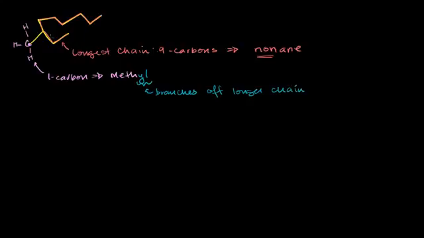So this molecule right here would be called, and actually there's one more thing that we have to think about. We could just call it methylnonane. Let me just write that down right now. So we could just call this right from the get-go methylnonane. But there's one problem with just calling it methylnonane.